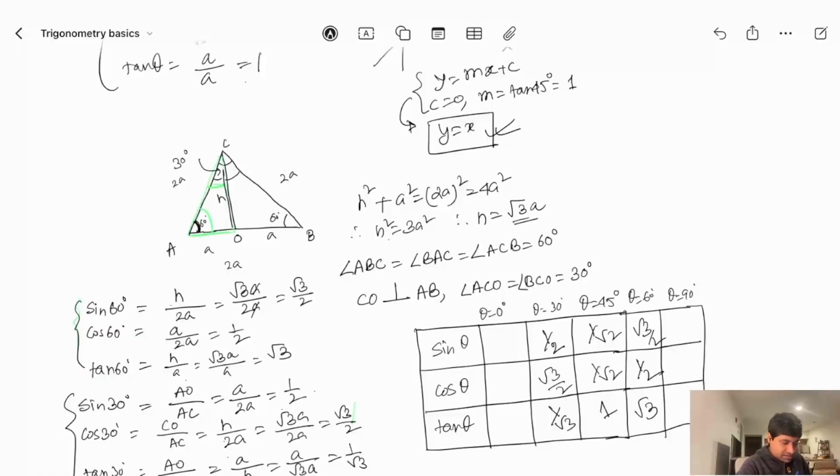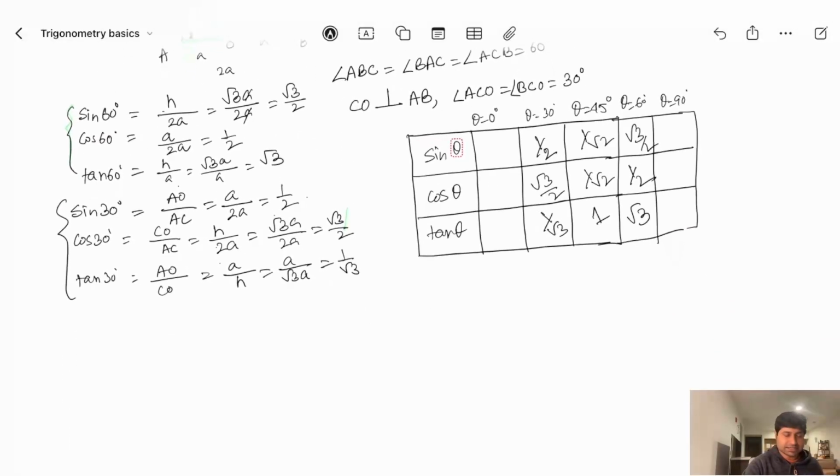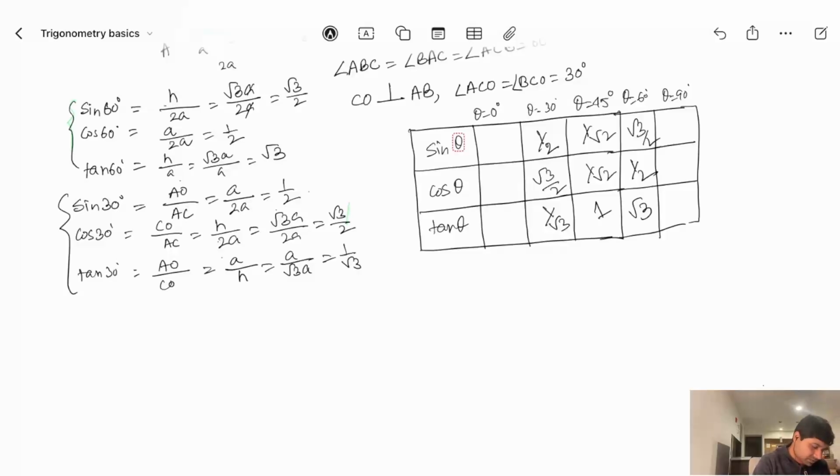Correct. Now we are just discovering the values for 0 degree and 90 degree. So you can imagine what 0 degree means. For the time being, think of a triangle that has a 10 degree angle. For example, this is for the time being theta equals 10.